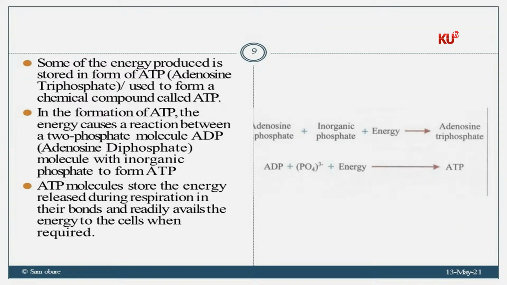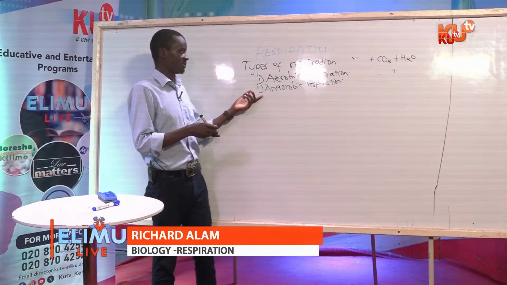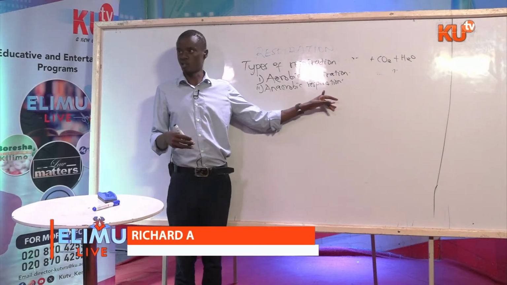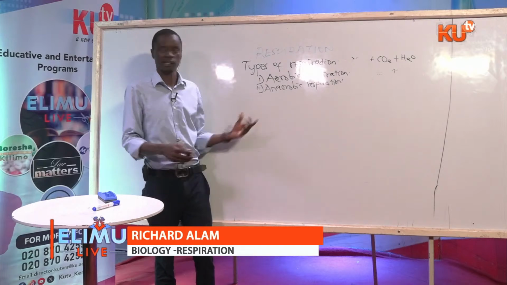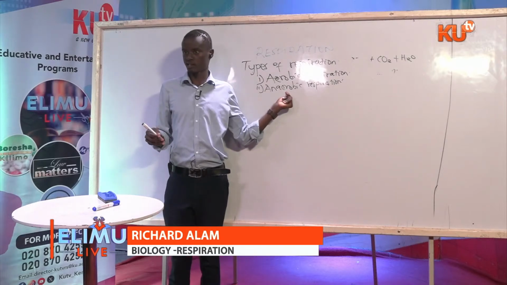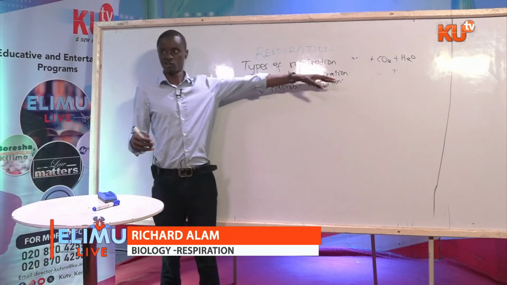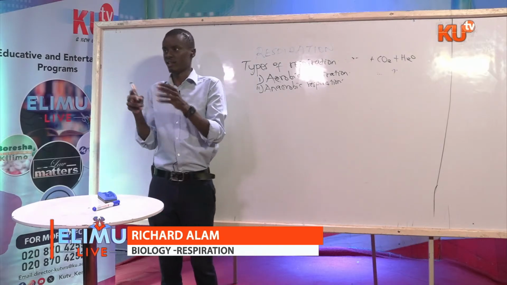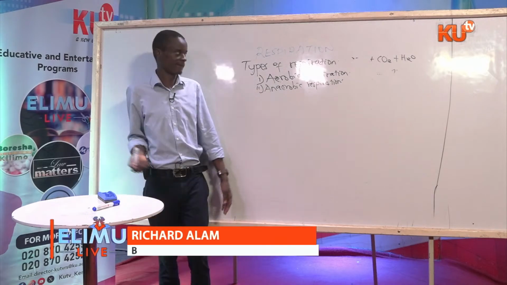Now let's see the next type of respiration, that is anaerobic respiration. It occurs in the absence of oxygen only. But aerobic respiration, as you have defined, occurs in the presence and absence of oxygen.